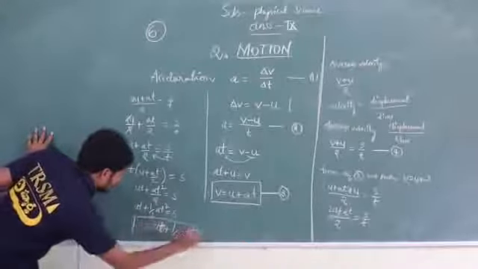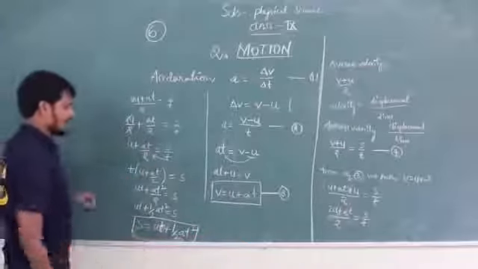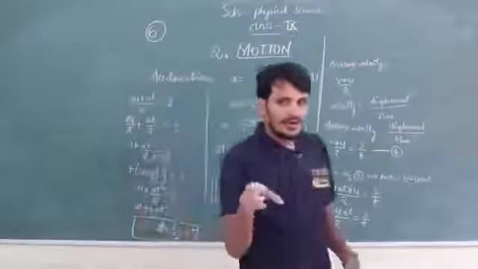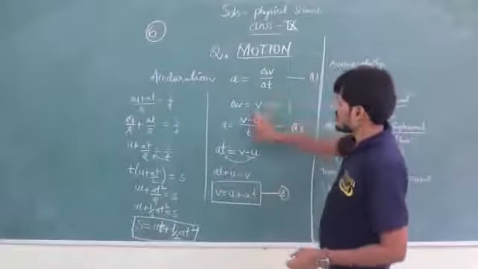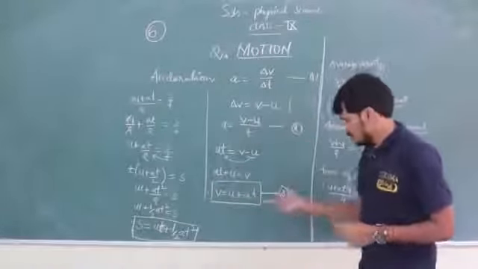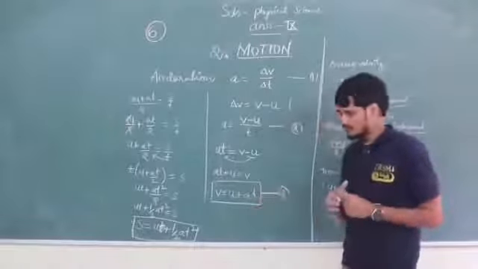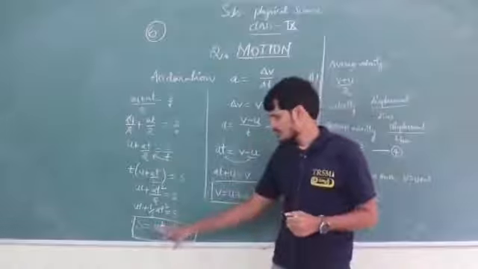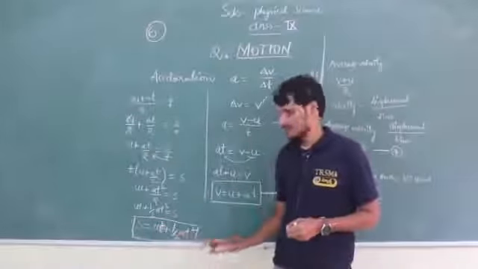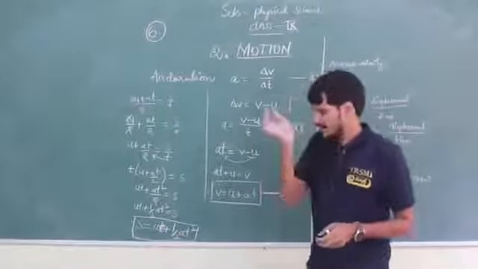This is the motion equation for displacement. Do you get how the factors are coming? So motion equation for acceleration, for velocity, and for displacement: s is equal to ut plus half at square. These are the three, and let's see one more.